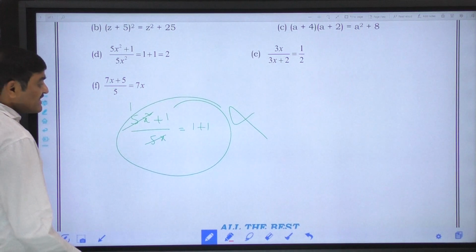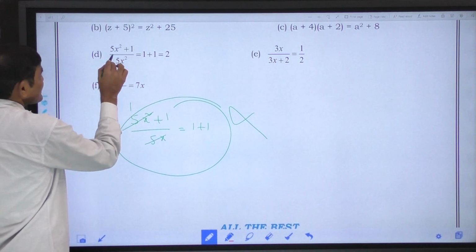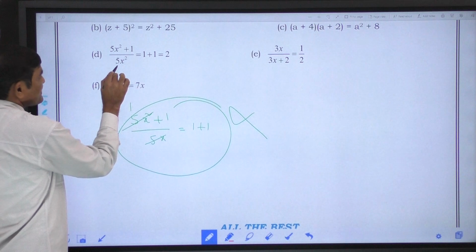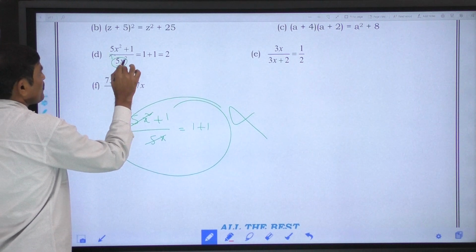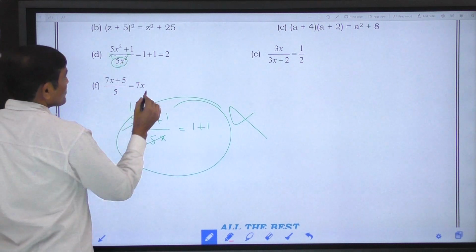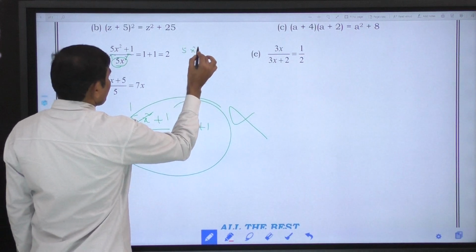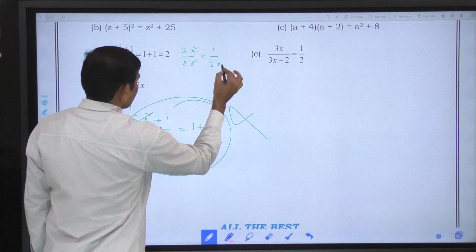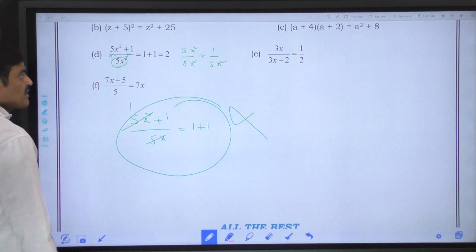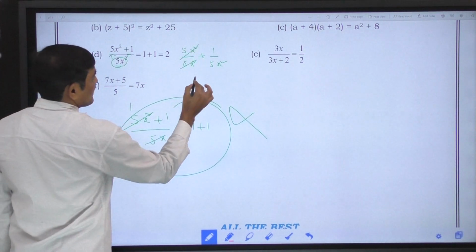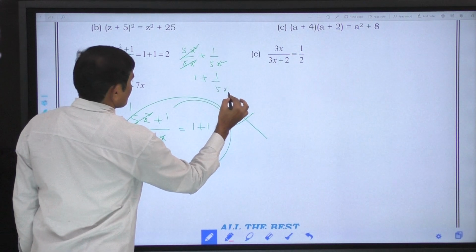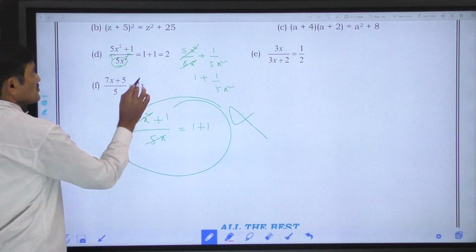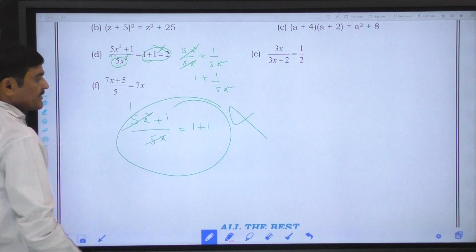The reason is that the denominator will apply to both terms of the numerator. So that means 5x²/5x² + 1/5x² is the correct expansion form. Now 5x² cancels, plus 1/5x². So this is the value, and this one is the wrong one.